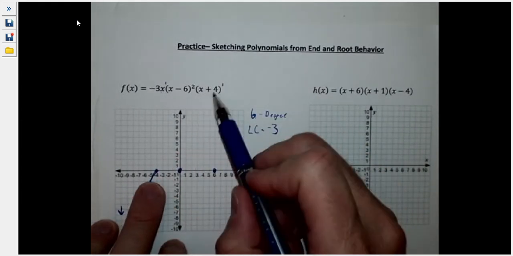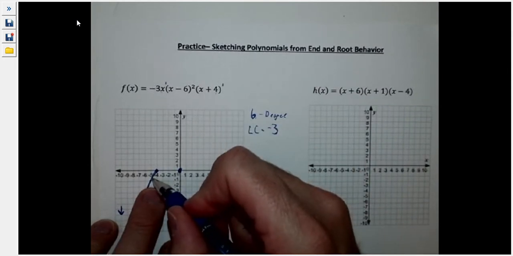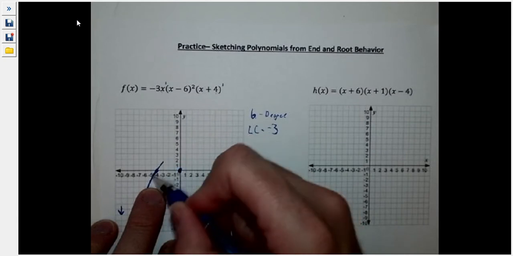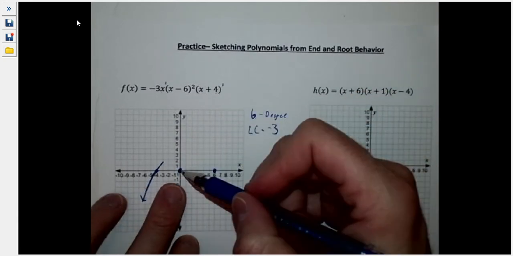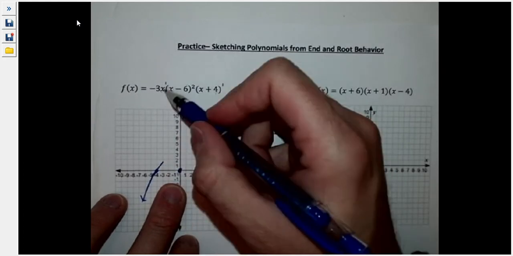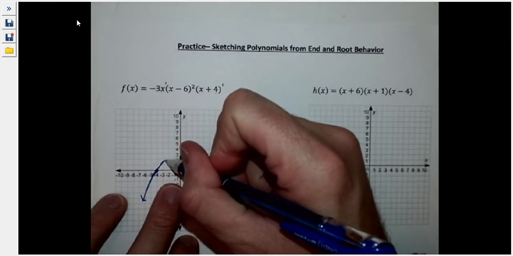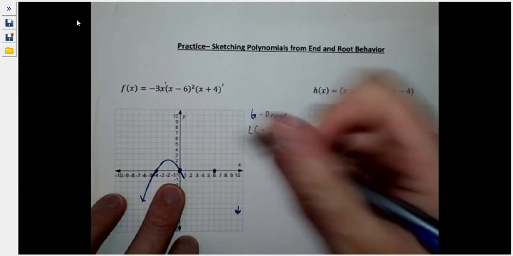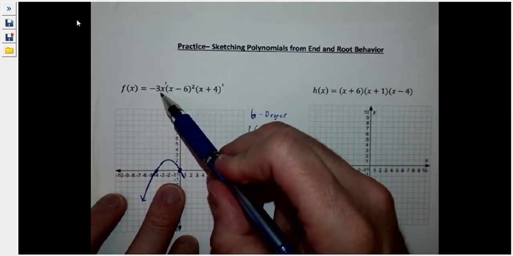Now, at this root, it is first power, so odd roots cross the x-axis, so it crosses the x-axis. Then it's going to go up so far, but it has to come down to this root. And again, this root is power 1, so it's odd, it's also going to cross there.